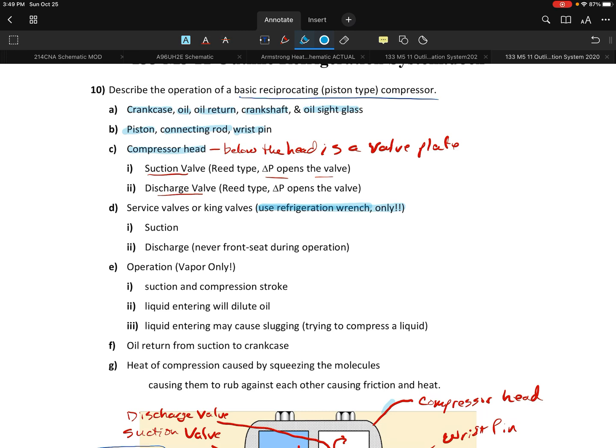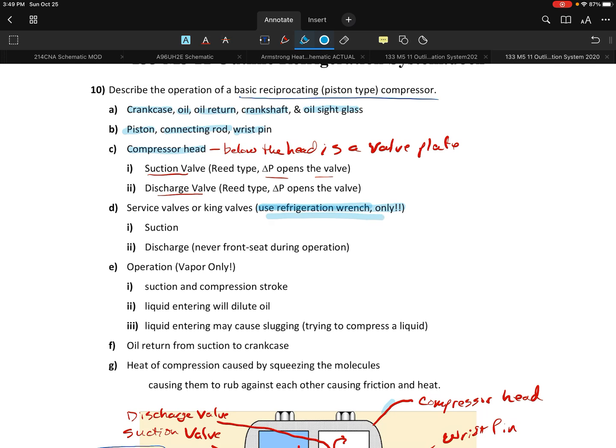What happens is the stems of the service valves end up getting rounded or damaged. I've seen jobs where guys use a channel lock on the rounded part, and it literally damages the gaskets inside the service valve when you turn them in and out. It's really damaging. So in the lab, we will only be using refrigeration wrenches.